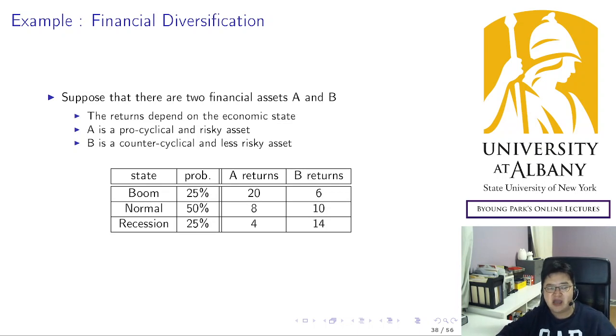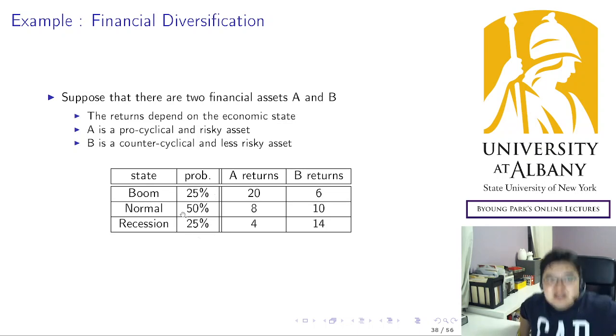However, what we did not consider in the last lecture is how to calculate the covariance or the correlation coefficient if you have probability information. So let's think about this example.